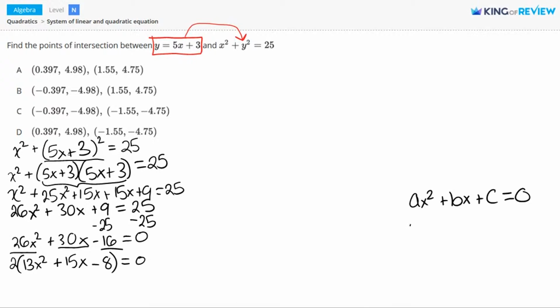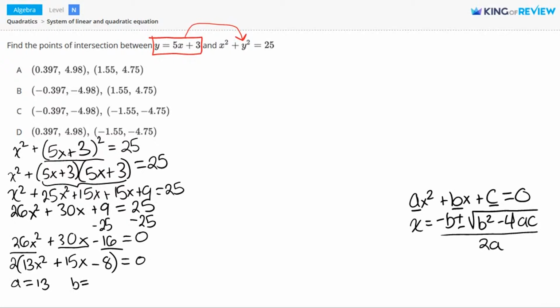The quadratic equation is x equals negative b plus or minus the square root of b squared minus 4ac, and this is all divided by 2a. The a, b, and c values come from these numbers here. So in our equation, a equals 13, b equals 15, and c equals negative 8.